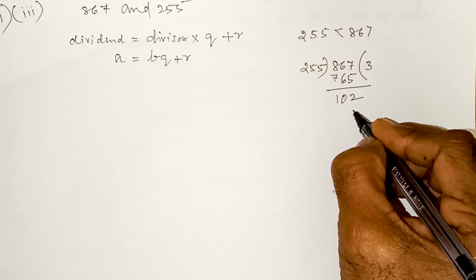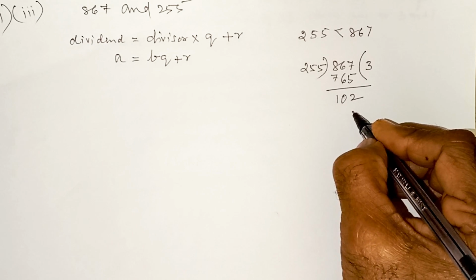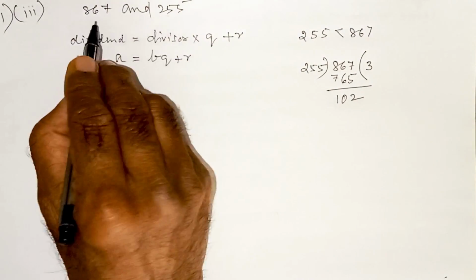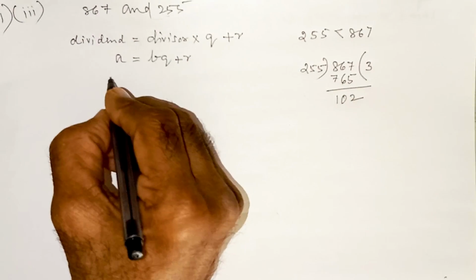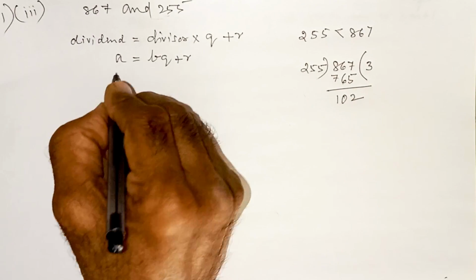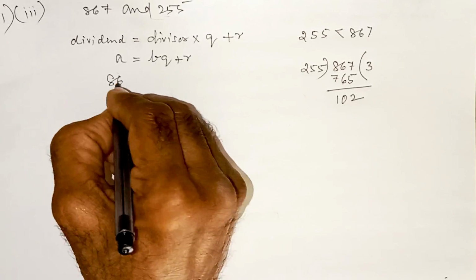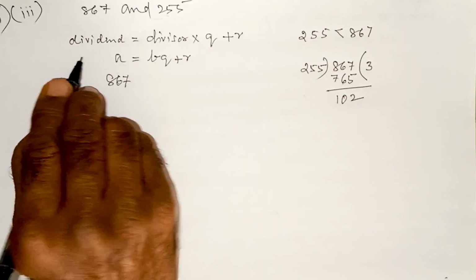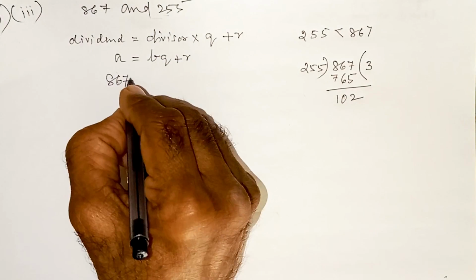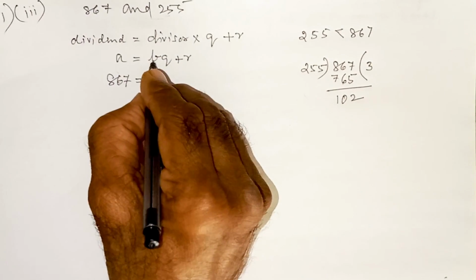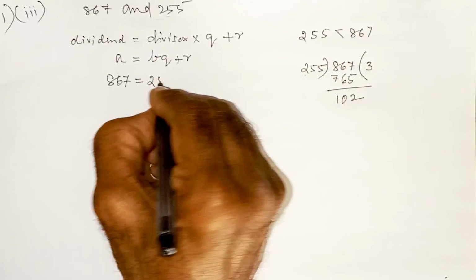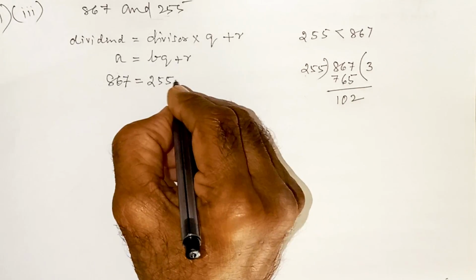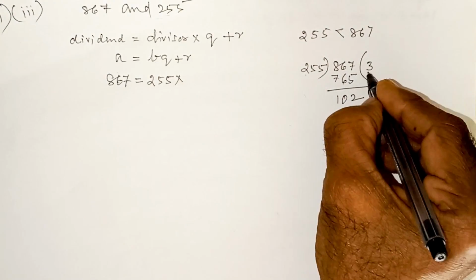Hence, you are yet to arrive at the answer to find out the HCF of these two numbers. Now we write this first step, substituting the values here. Here 867 is the dividend, and is equal to B, the divisor, which is 255, into quotient. Quotient is 3.